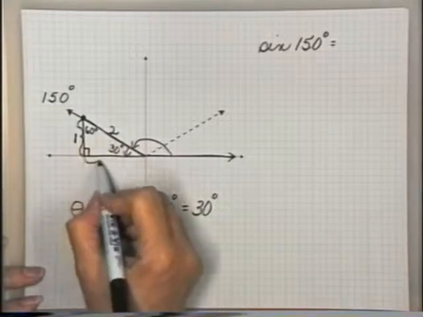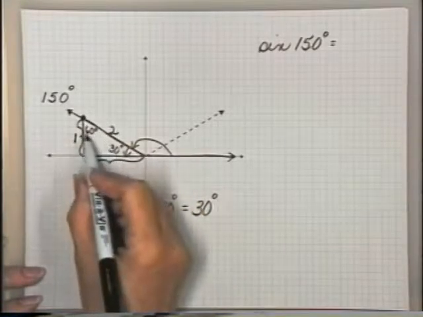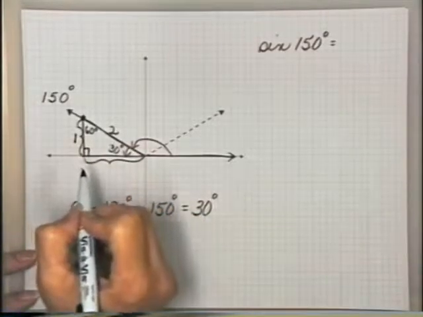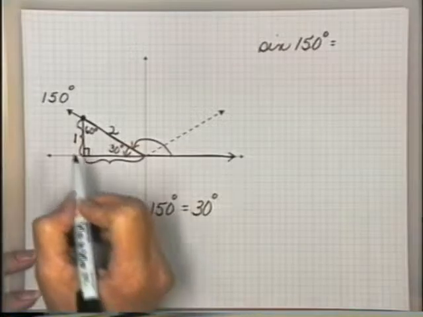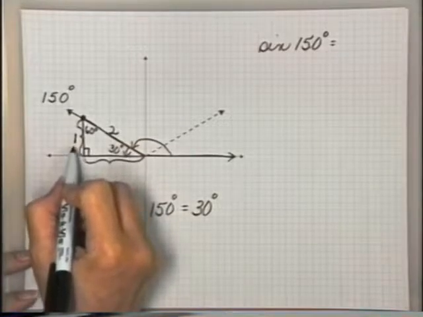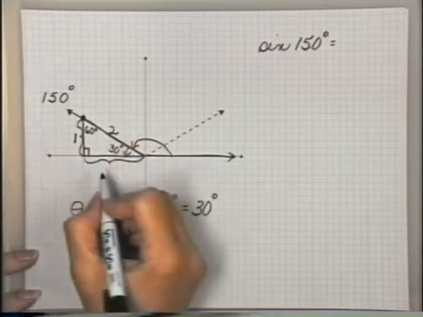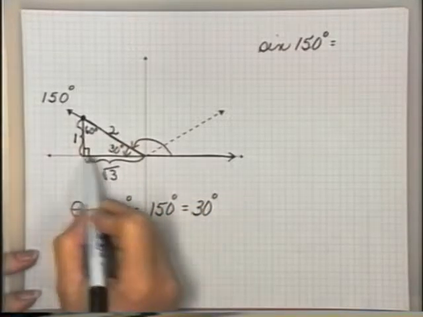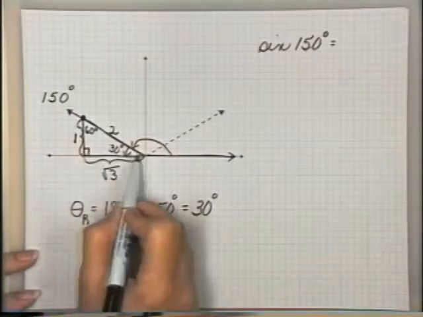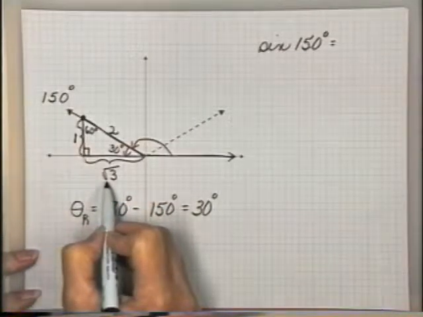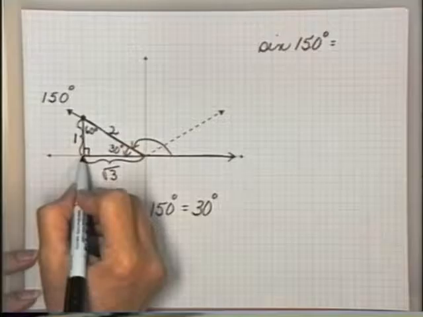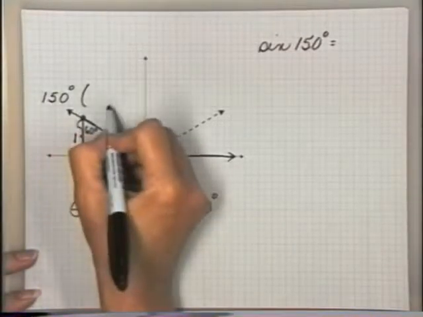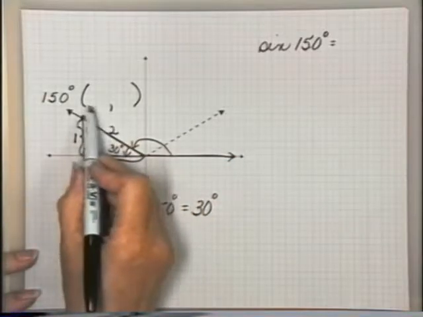And I know that the side opposite the 60 degree angle has to be the square root of 3 times the side that's opposite the 30 degree angle. So if I'm talking about the side of this right triangle, its length is the square root of 3. But if I'm talking about what the x coordinate is of this point up here, what's the x coordinate?